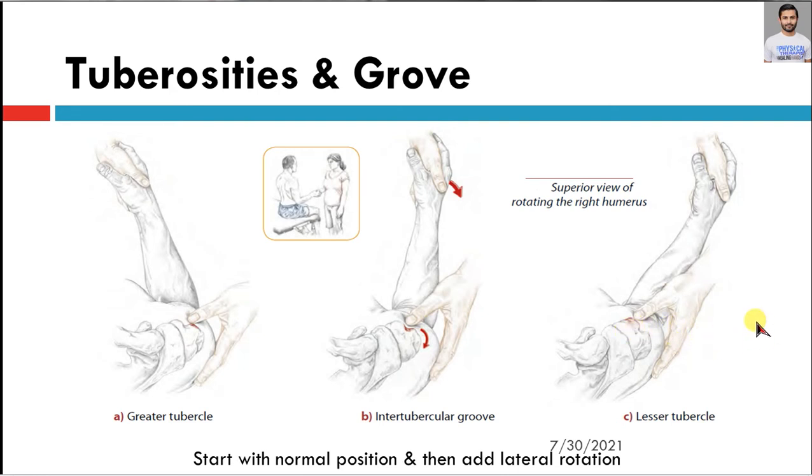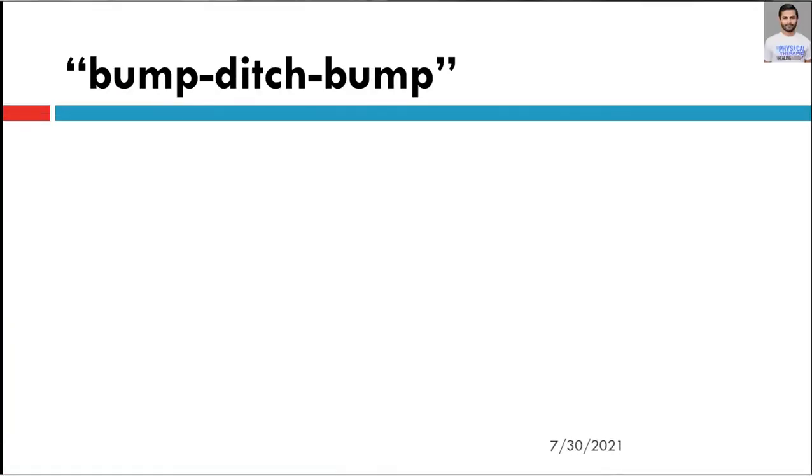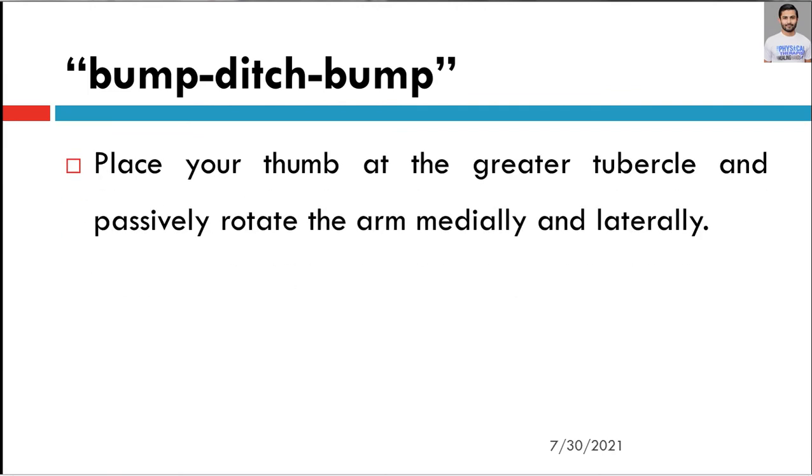One important clinical point that I need to tell you right now is sometimes there is a tendency of the bicep long head to displace from the bicipital groove, and if the bicipital groove is not deep enough and it is shallow, it causes a lot of pain clinically upon every external and internal rotation, and there is also a characteristic sound, and the patient can report something as if some cord has moved away and moved inside. So this is called the bump, ditch, and bump.